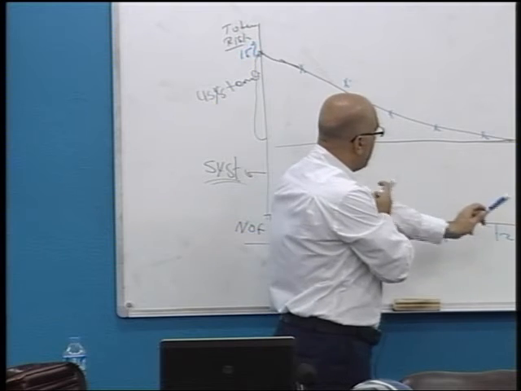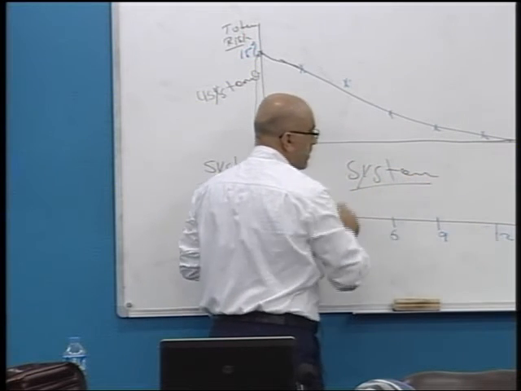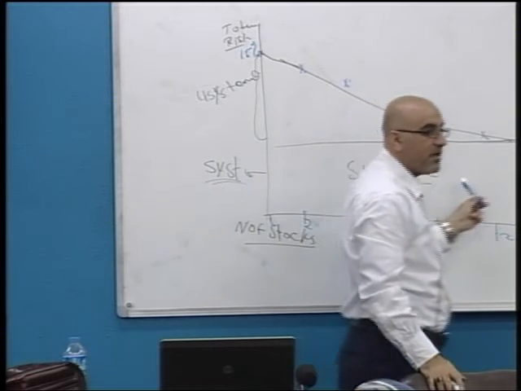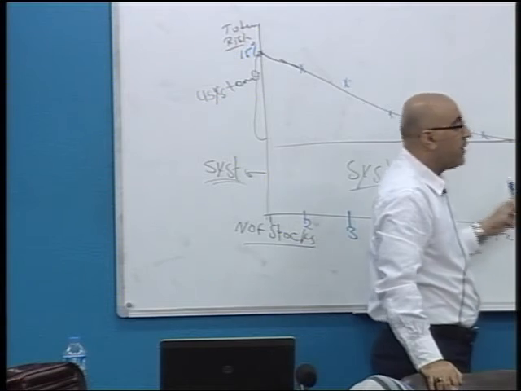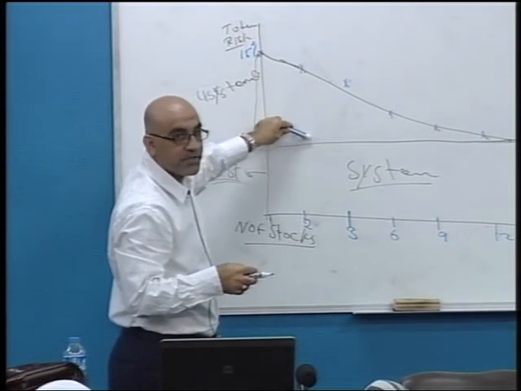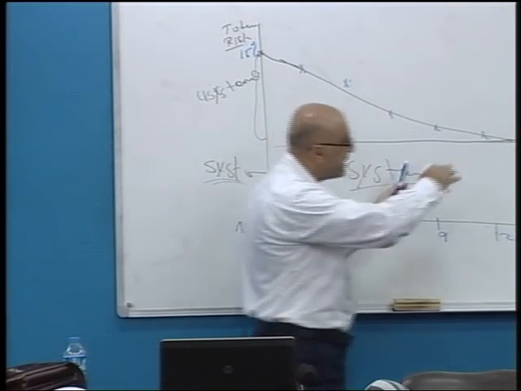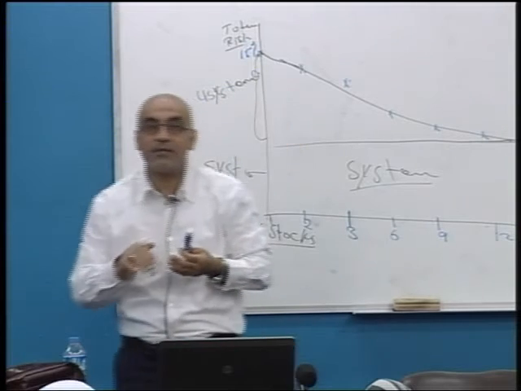So, in this systematic risk, we cannot eliminate the impact of systematic risk on the market portfolio. But we can eliminate the impact of the unsystematic risk on the market portfolio by increasing the number of stocks included in the portfolio.